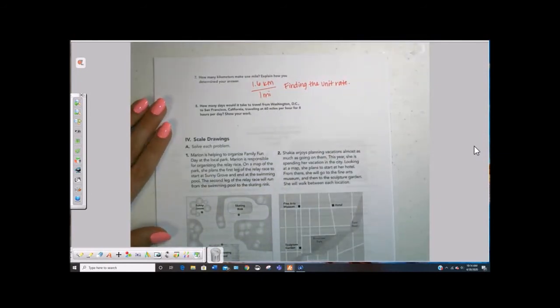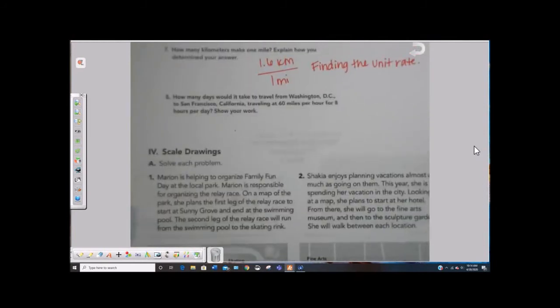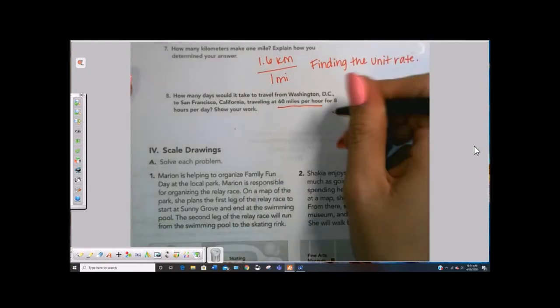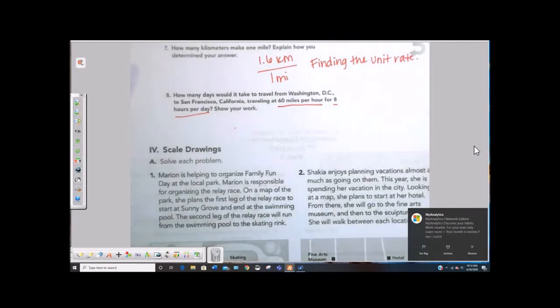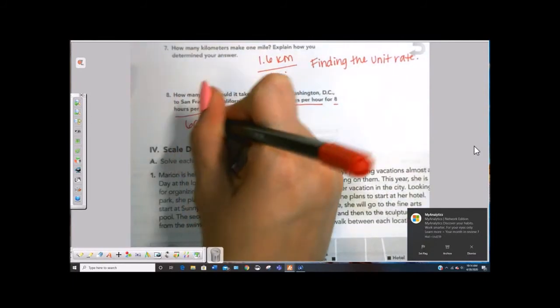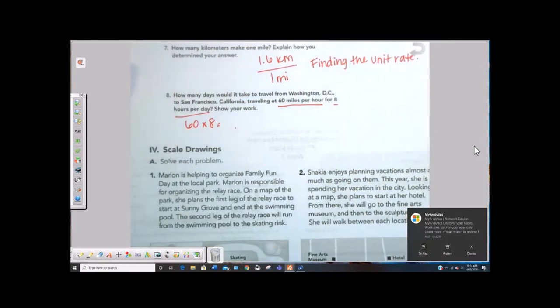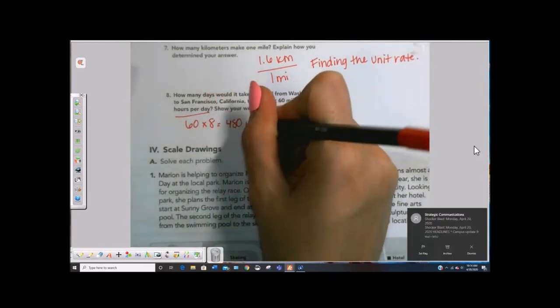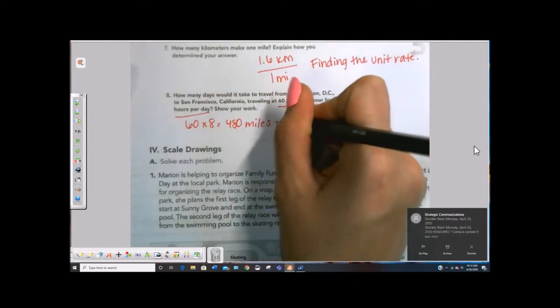Number 8 is a little word problem. It says, how many days would it take to travel from Washington, D.C. to San Francisco, California, traveling at 60 miles per hour for 8 hours per day? Show your work. So you're traveling 60 miles per hour for 8 hours a day, so we're going to take 60 times 8 to see how many miles we travel in a day. So we travel 480 miles in 1 day.